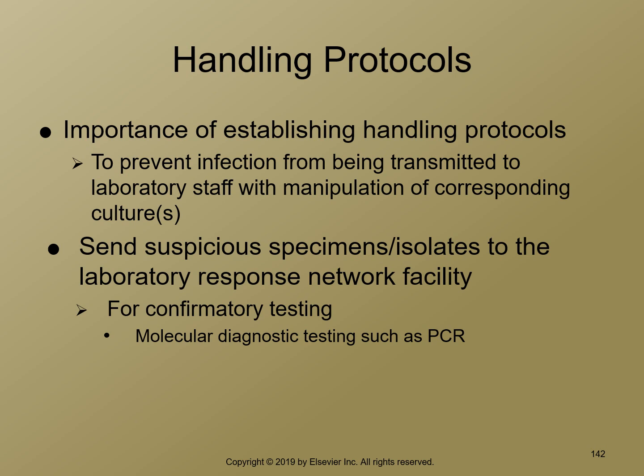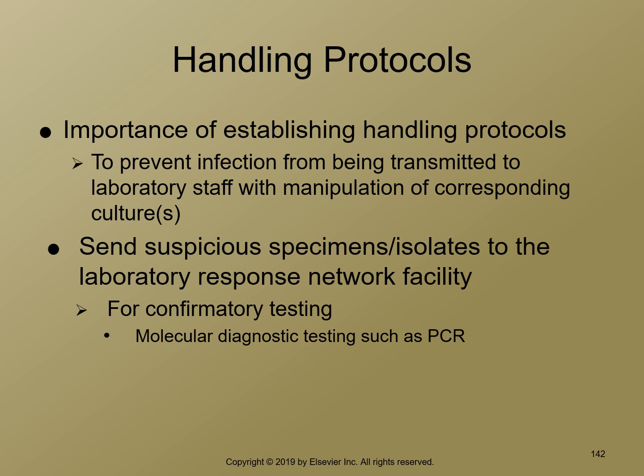The causative agents of anthrax, Bacillus anthracis, the plague, Yersinia pestis, and tularemia, Francisella tularensis, need to be ruled out in the laboratory setting. And again, we will address this later on in the zoonotic chapter.